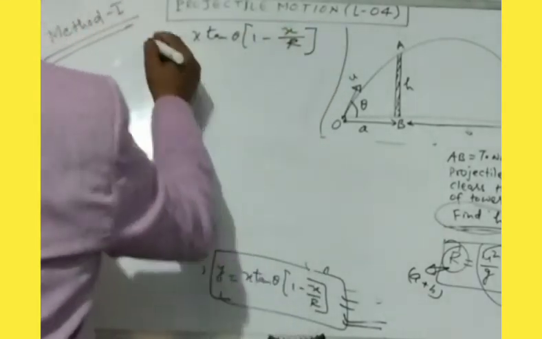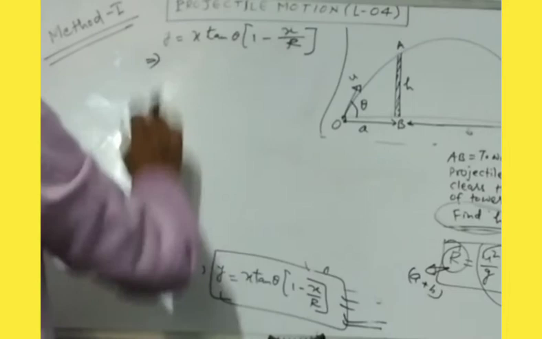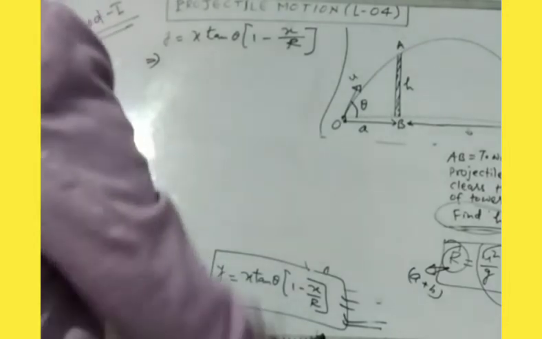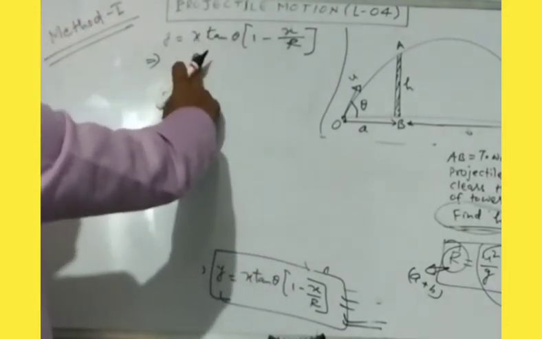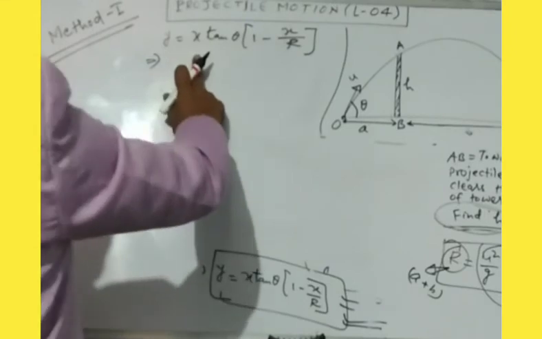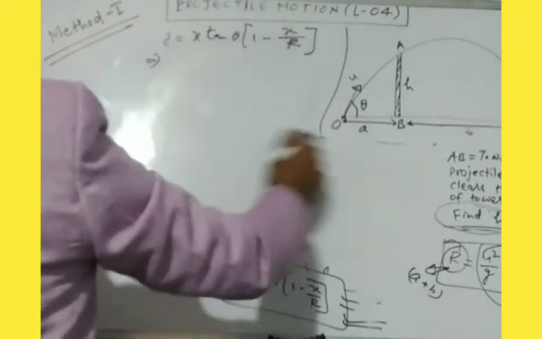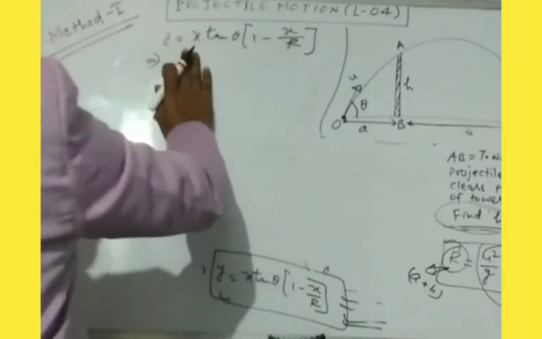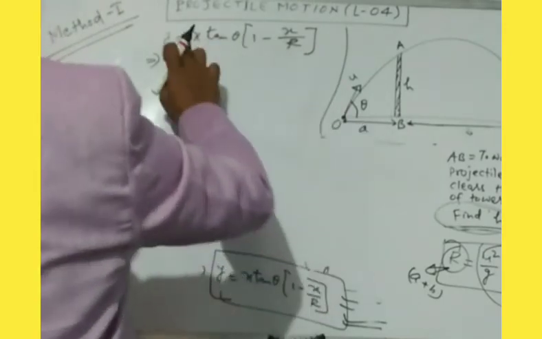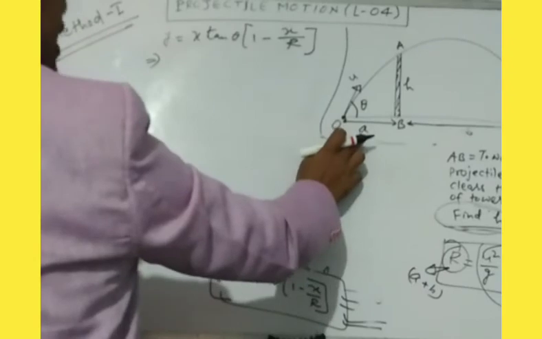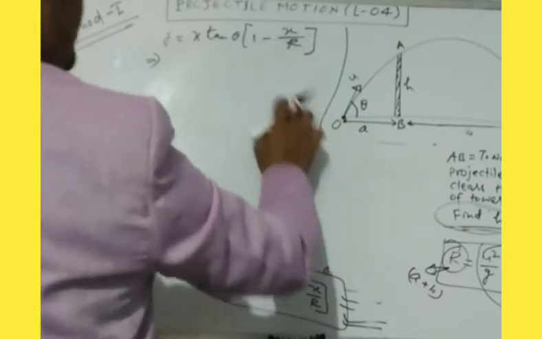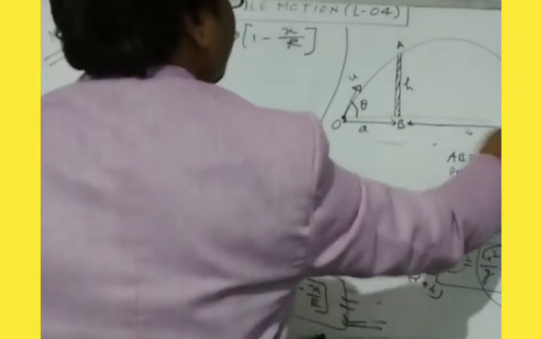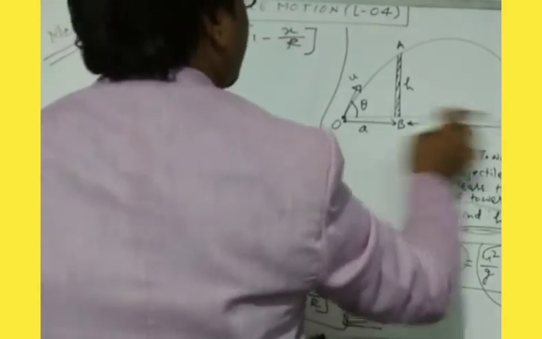And what is x? x is the horizontal distance along the x axis. If we apply this equation in this situation, then definitely x is equal to a and R is the range, that is the O to C distance, and O to C is a plus b.